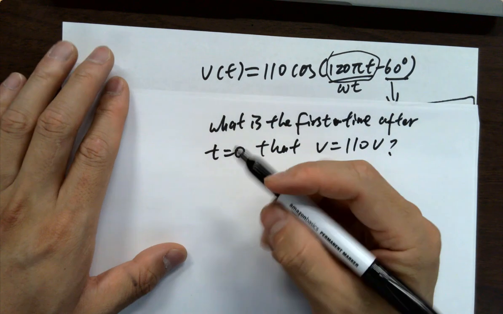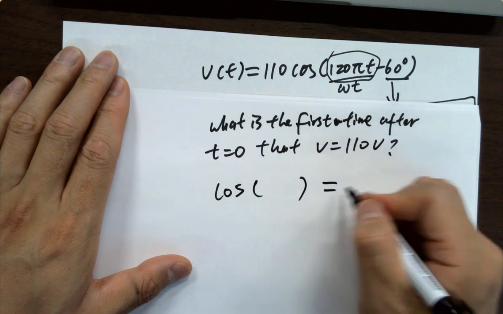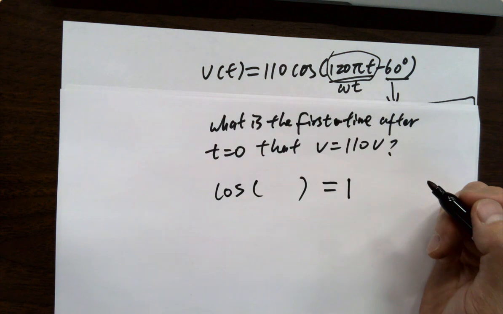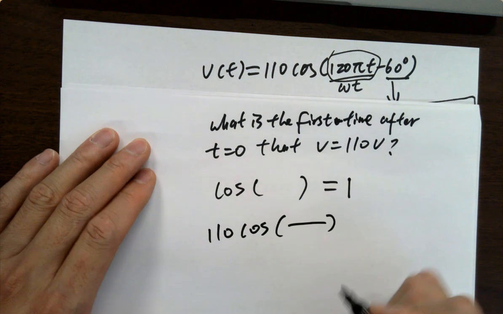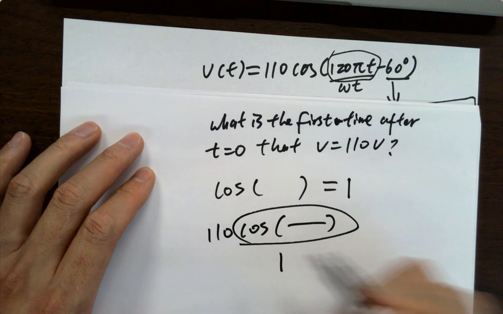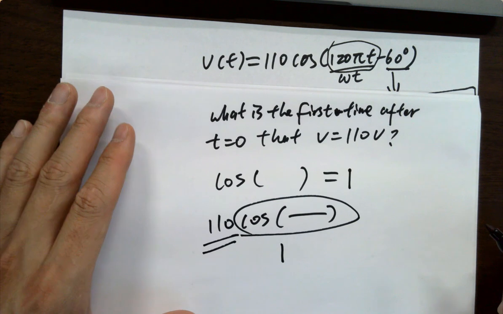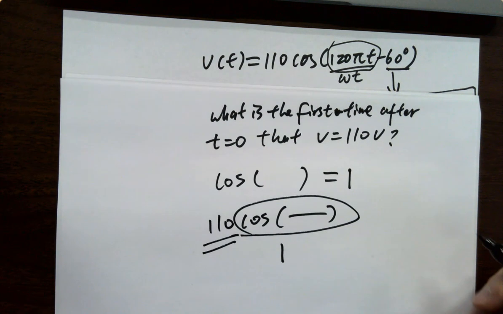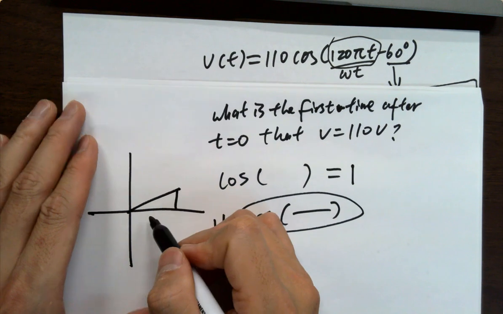So the equation is a cosine something, right? Cosine what equals 1, so it's not affecting your 110 volts. It's 110 volts cosine blah blah blah, right? You want this to be 1 in order to have 110 volts. So this needs to be what? Look at cosine. 0 or 2 pi.